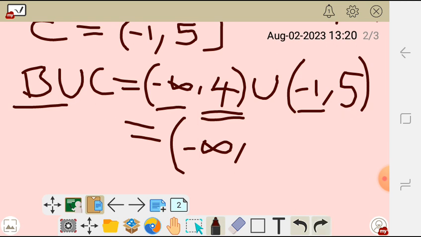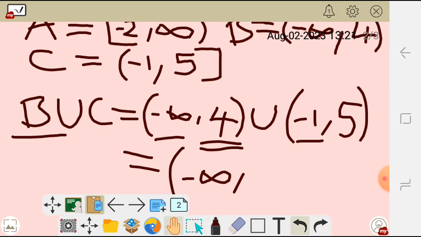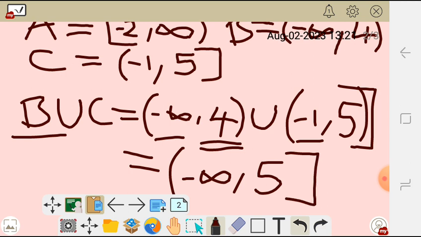So the number which is greater is 5. We're going to put 5 here, and we are going to use a square bracket, because 5 is also included.